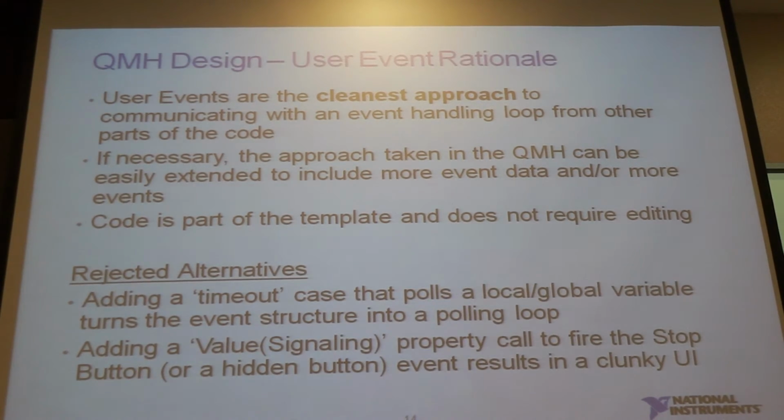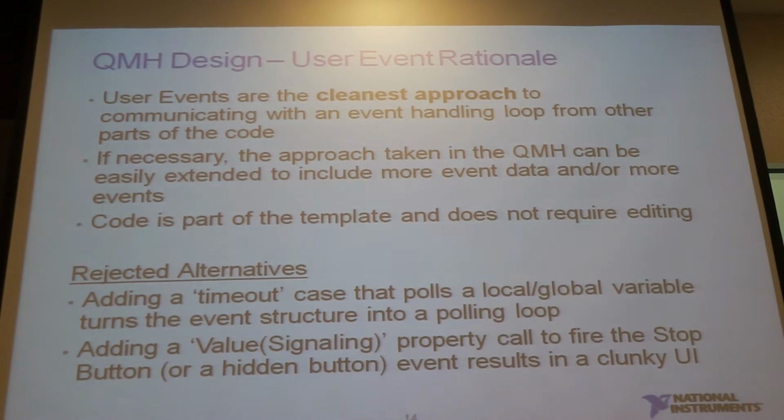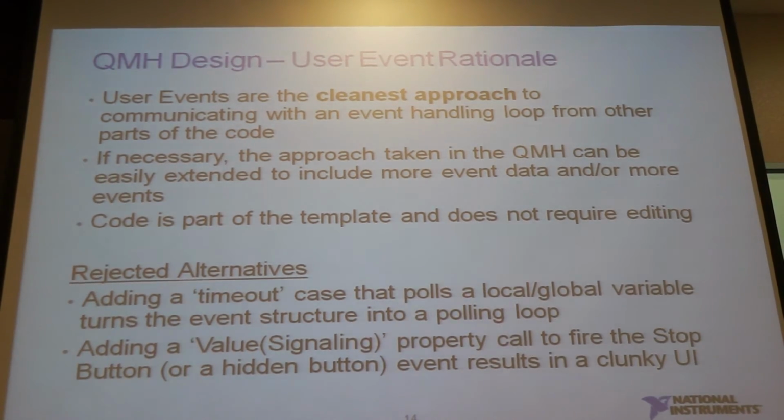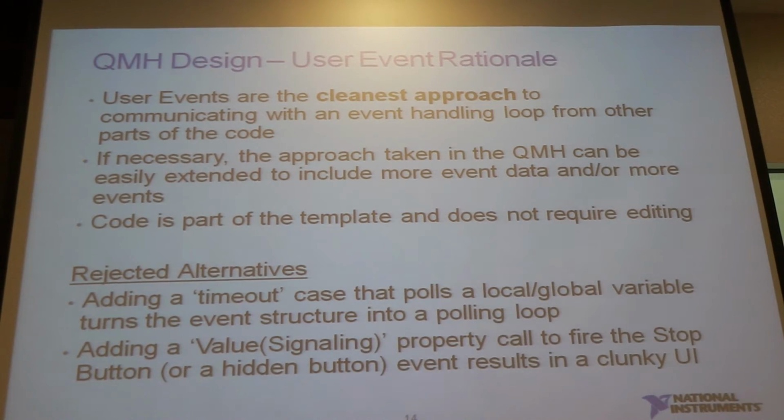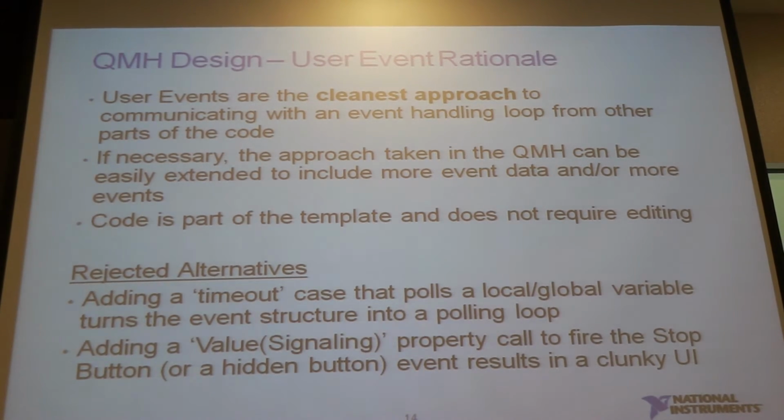And last but not least, there is also something that some people like to use, which is, you will notice in the property node for a lot of the buttons there's Value. There's also Value (Signaling). The difference being, if you use Value (Signaling), it will be captured by the event structure.